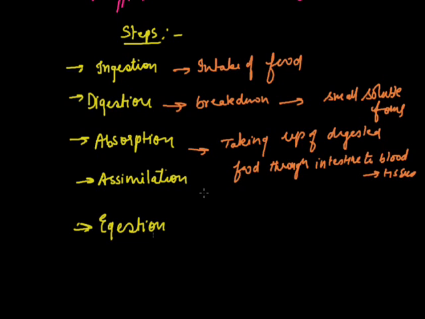Now, the next step in the nutrition process is assimilation. Assimilation is the taking of absorbed food by body cells. Or in this process, we can say the absorbed food is utilized by body cells.